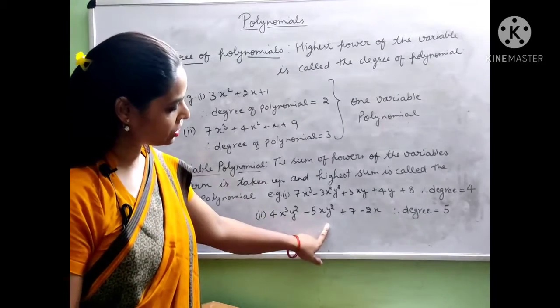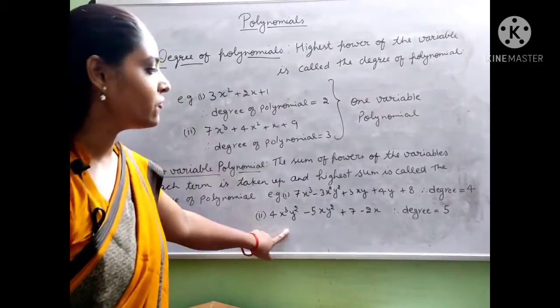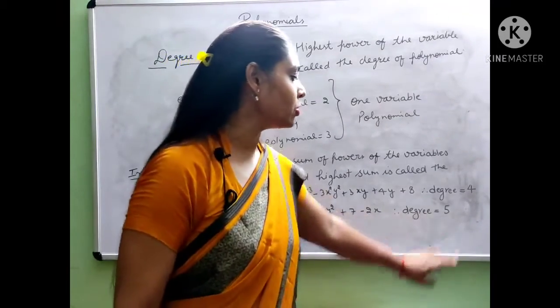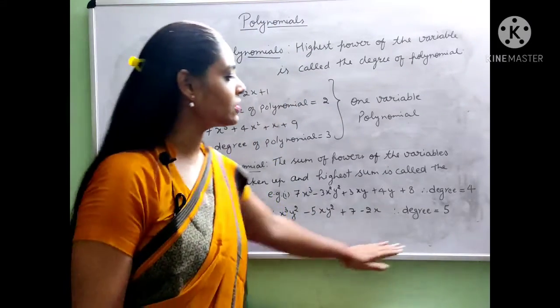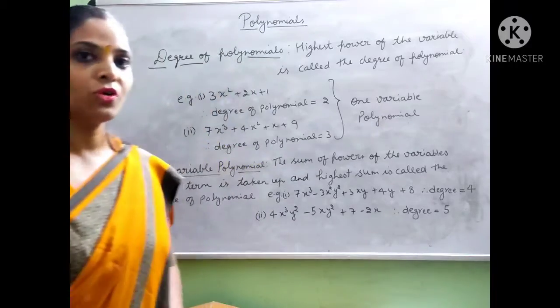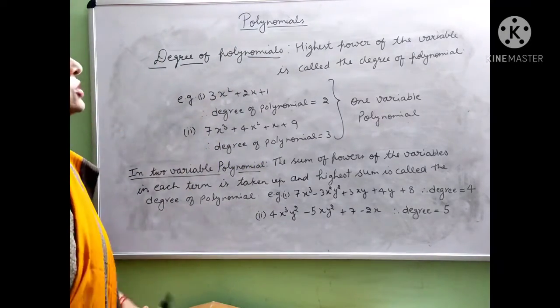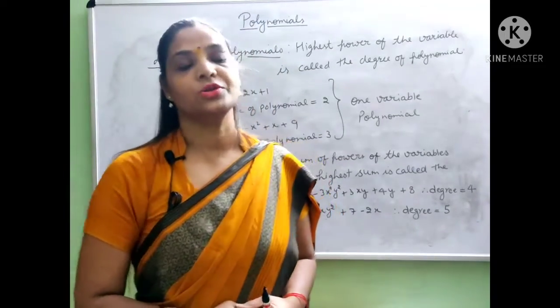On adding the powers of this term we get 3. So the highest is 5, and it becomes the degree of the polynomial. Therefore the degree of the polynomial is 5. Got it everyone? In this way we can find the degree of the polynomial. The highest power of the variable is called the degree of the polynomial.